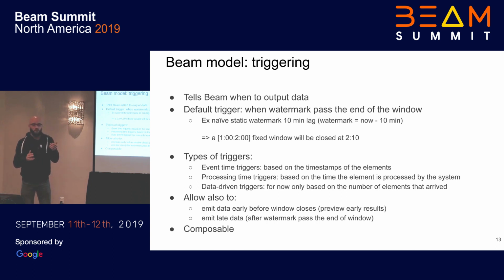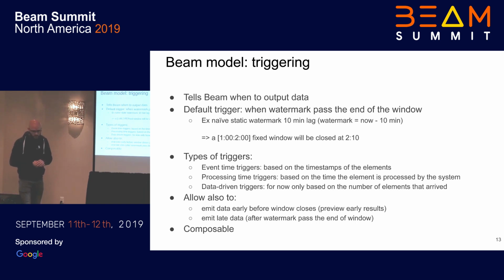At that moment, the output of the computation for the window will be emitted. So in my example, if I have a fixed window of, let's say, 1 hour, and my watermark has a lag of 10 minutes, then this window will close at 2:10. Simple.